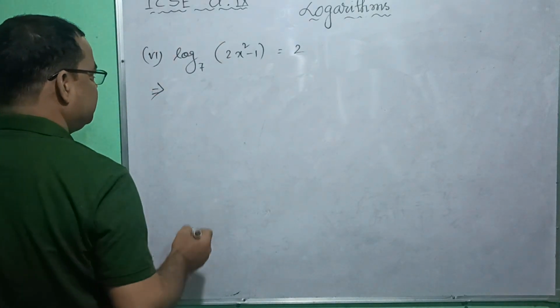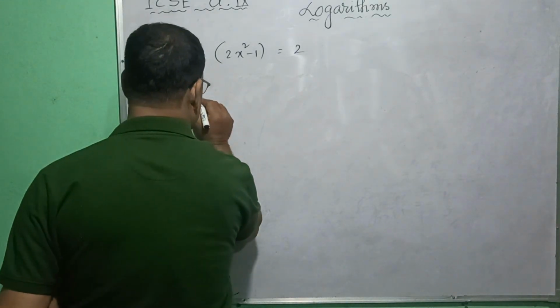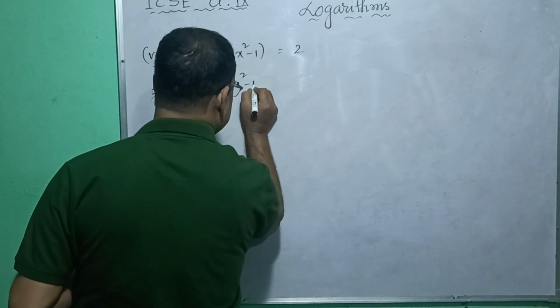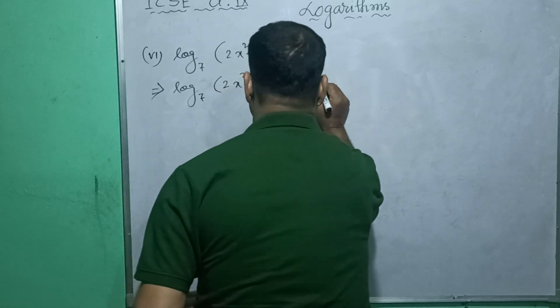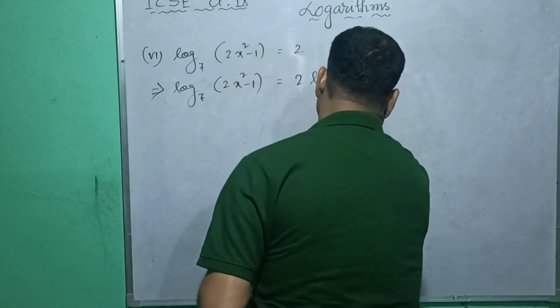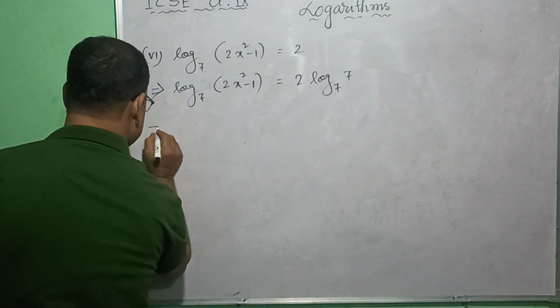So this is as usual, we'll take log on both sides. Here it is 2x square minus 1. In place of 2 we can write 2 log 7 base 7. Here 7 because here also the base is 7.